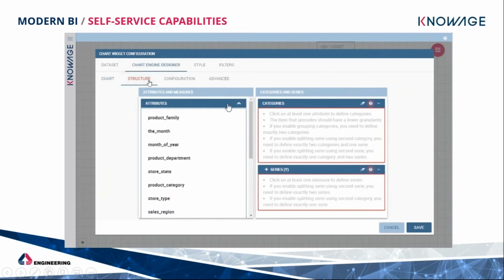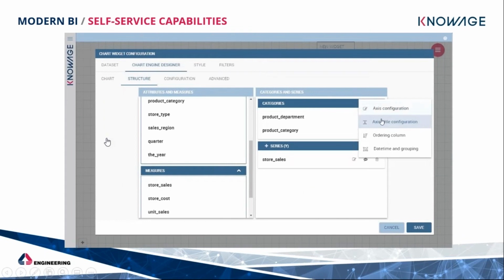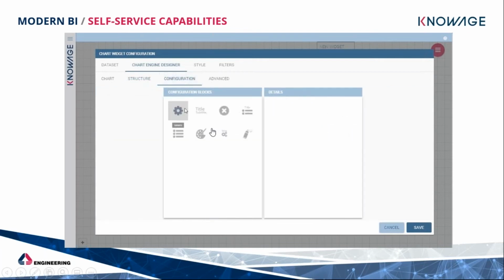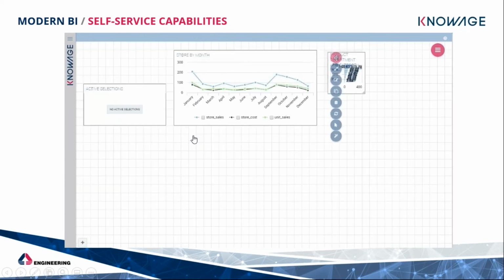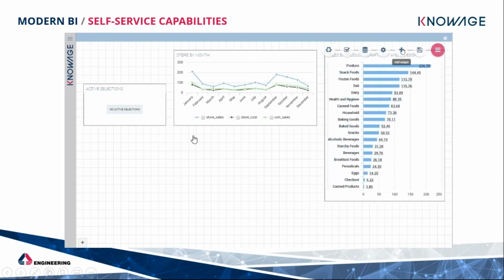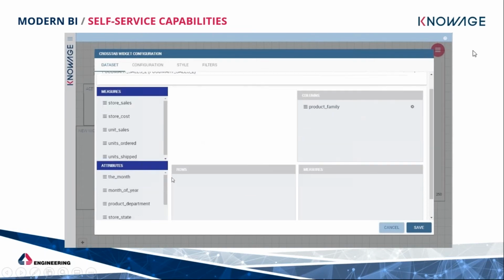This is a very simple operation, so that also technical people can build a dashboard, for example as a pilot to share a requirement with the end user, as in the modern BI strategy. Okay.